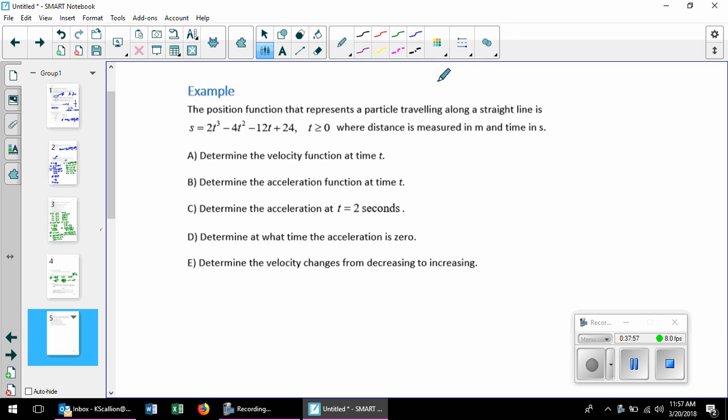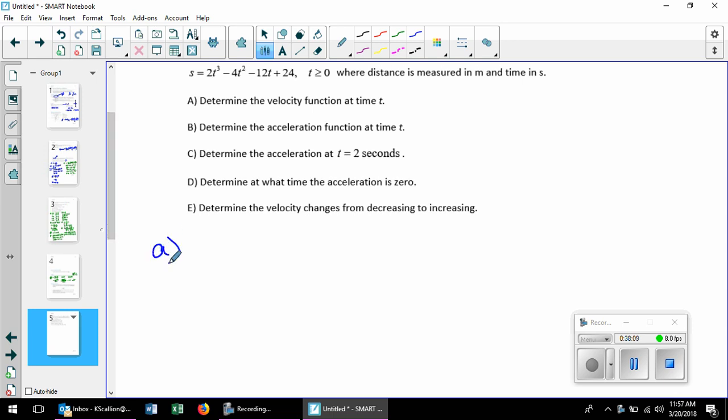Determine the velocity function at time t. So what does that really mean? I'm just rewriting the equation for velocity. And so we know velocity is my first level derivative. So my equation is s equals 2t cubed minus 4t squared minus 12t plus 24.